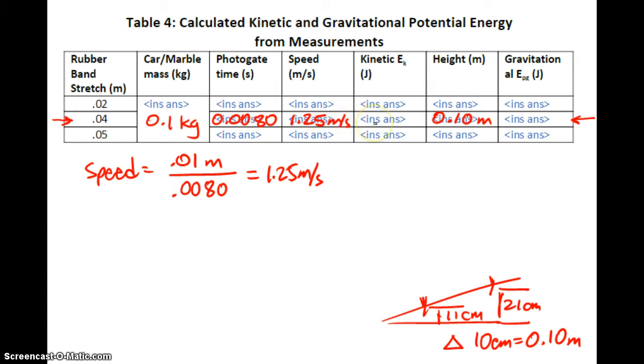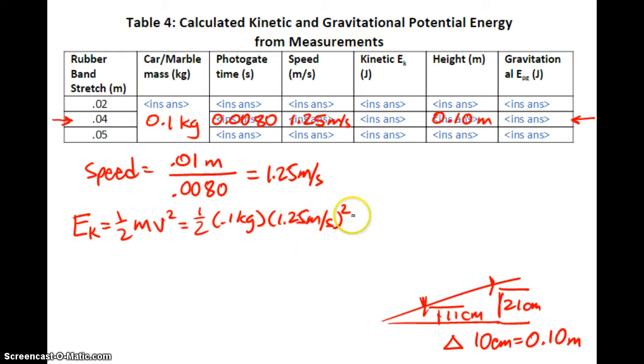Okay. Let's figure out what the kinetic energy is given that speed and that mass. Our kinetic energy is 1/2 times mass times velocity squared. This is going to be the velocity that we actually measured for the car. So 1/2 times my mass, 0.1 kilograms, times 1.25 meters per second, squared. And remember, PEMDAS, we'll have to do the square first.